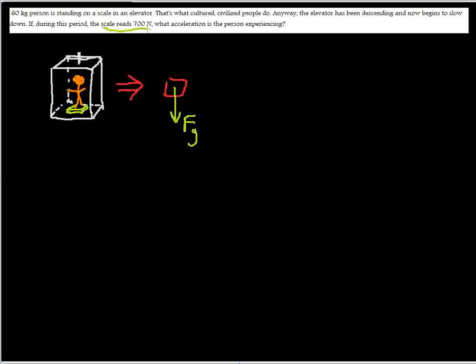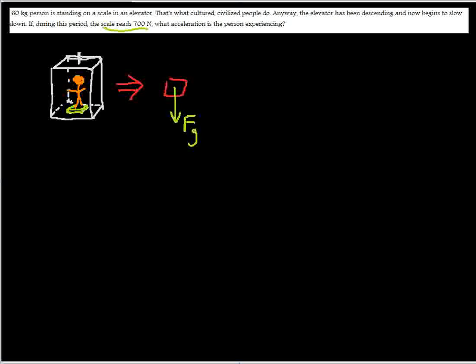And to figure out how much it's acting on the person, we can look in the problem to try to figure that out. So we can see here that the scale is reading 700 newtons. Well, technically what this means, 700 newtons, is how hard the person is pushing down on the scale.